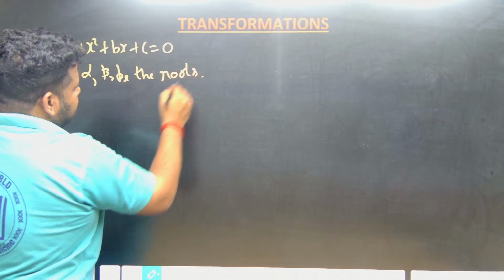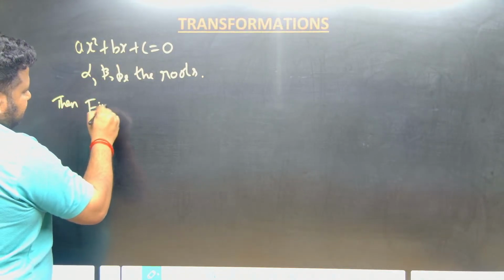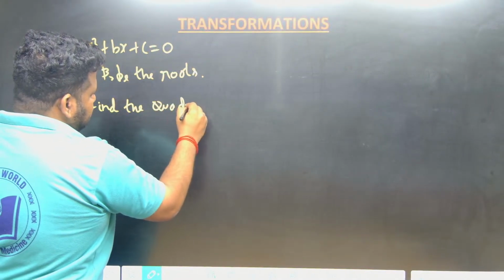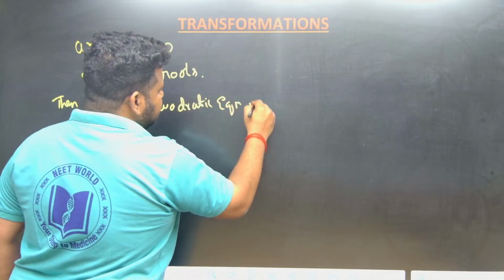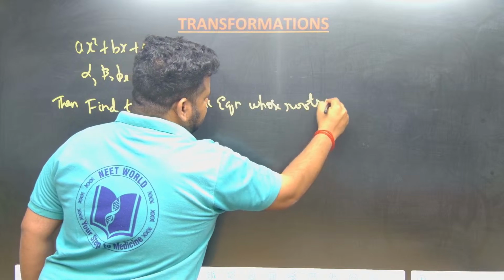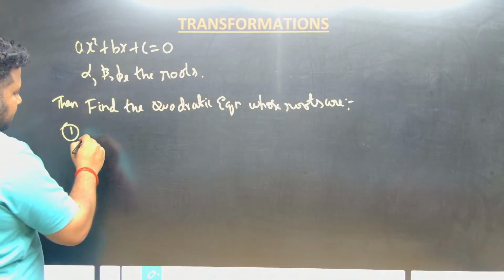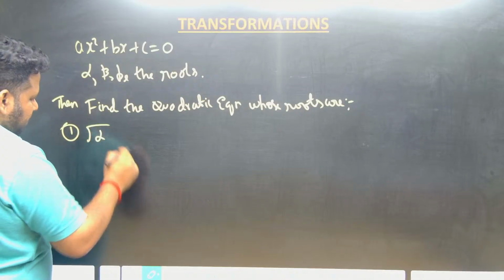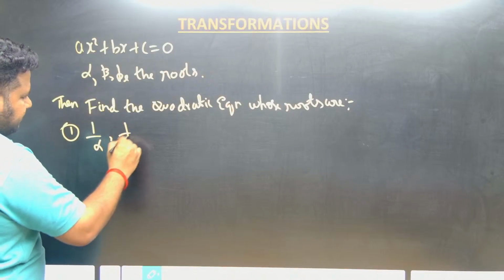Now how they'll ask the question is, find the quadratic equation whose roots are, first, 1 by alpha comma 1 by beta.